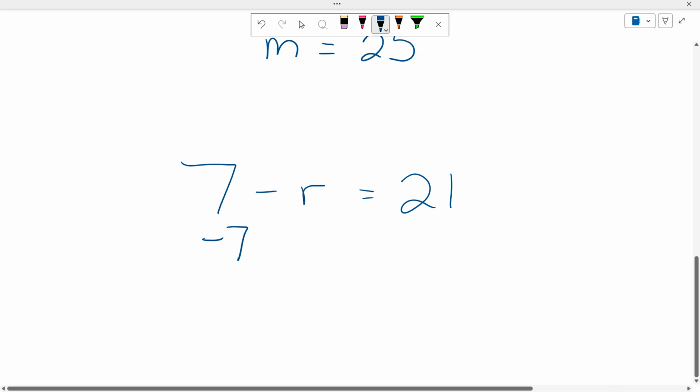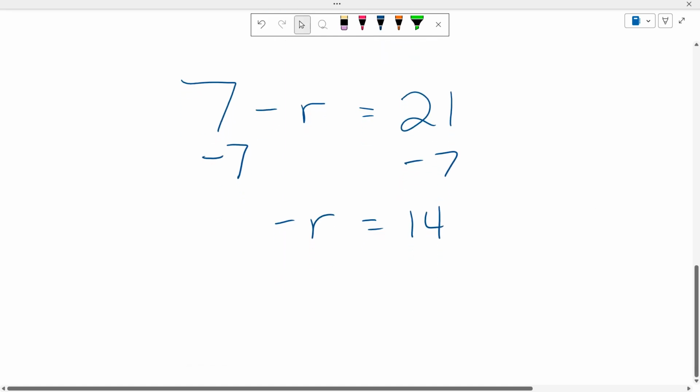Even though this is a subtraction problem, we're still going to subtract 7 because we got to get 7 down to 0 to leave this side. So to get 7 down to 0, we have to subtract 7. Subtract 7 from this side, so negative r equals 14. Now, I have a negative r. How do you get rid of negative in front of r? Blake?